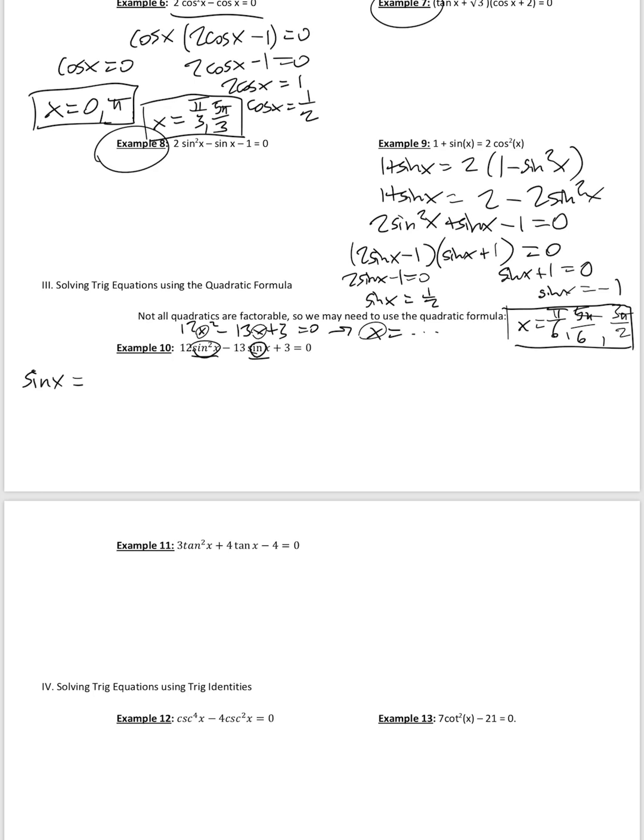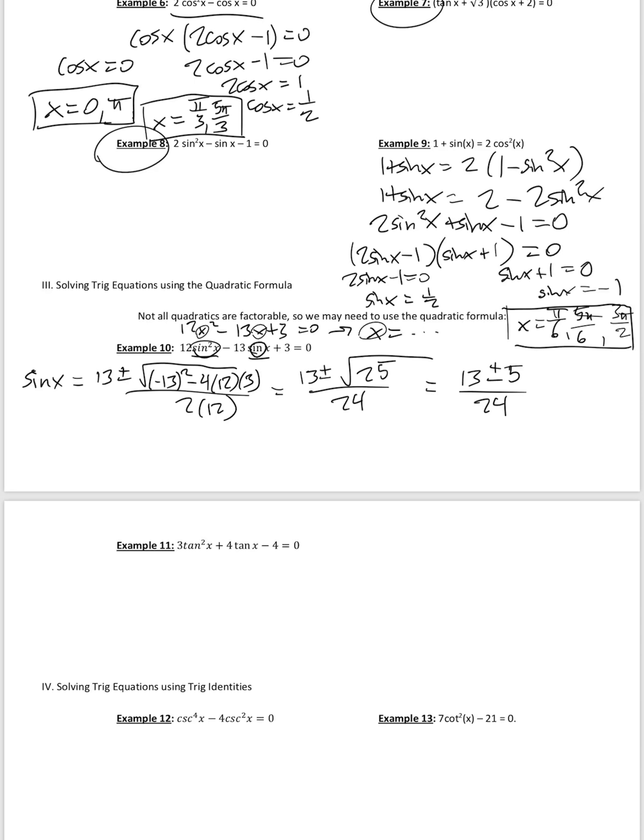Equals, and now it's just a normal quadratic formula, -b plus or minus the square root of b squared minus 4ac all over 2a. And we can simplify this. That'll be 13 plus or minus the square root of 169 minus 12 times 12 is 144, so 25 over 24. 13 plus or minus 5 over 24.